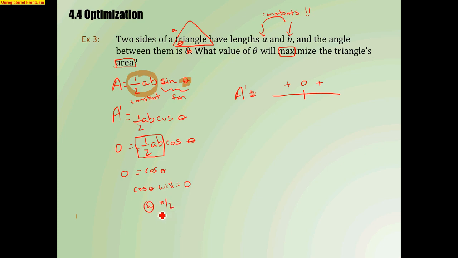Right? Pi over 2, and then multiples of that, but remember I'm talking about theta in an angle of a triangle, right? So that's not going to be more than 180.